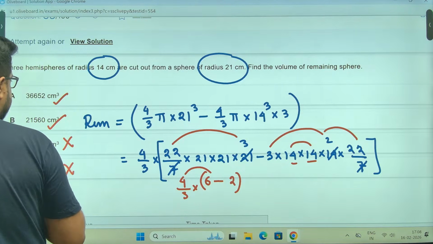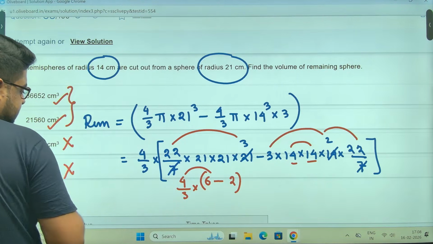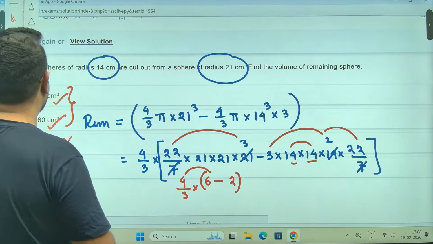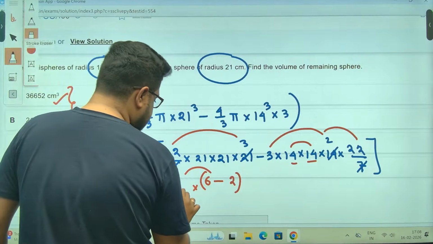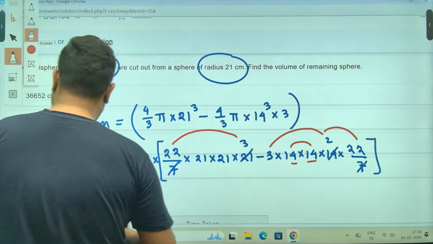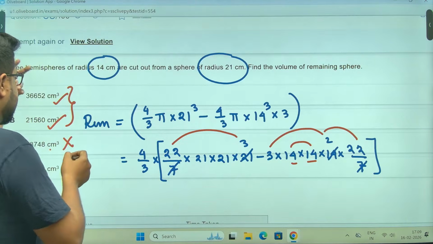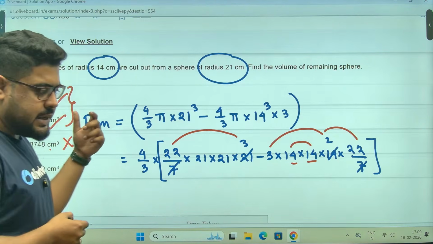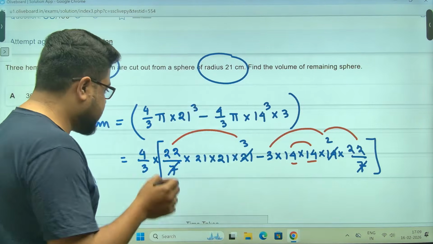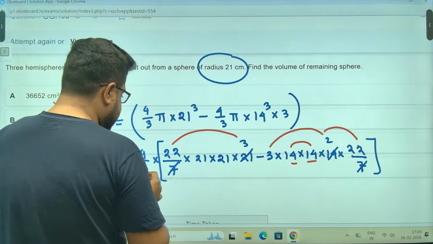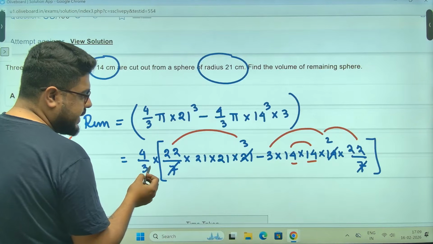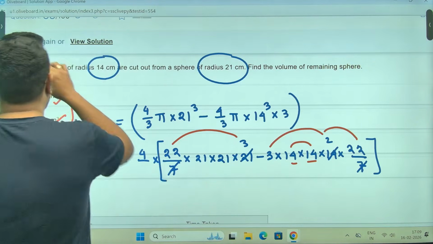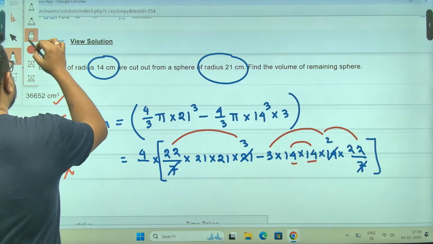This is not a multiple. So my answer has to be somewhere here. Again, I have to do a little bit so that I can get rid of this 3. So either my answer will be A or B, because I checked the 7 multiple. Let's try something. If I just multiply these 3 over, sorry, extremely sorry.